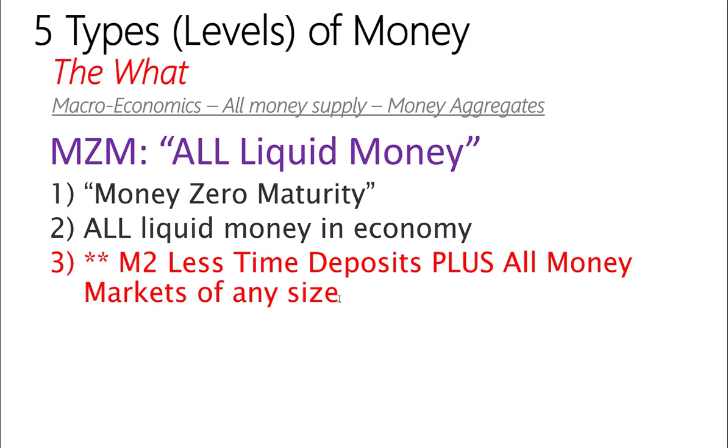So this one is a bit different because it's going to include all the money markets, even the large financial money markets with billions or trillions of dollars within them, that's liquid money. So this is a new money aggregate that's been used more recently than M3, which has fallen a bit by the wayside, at least in the USA.